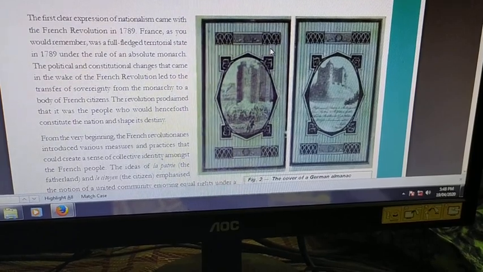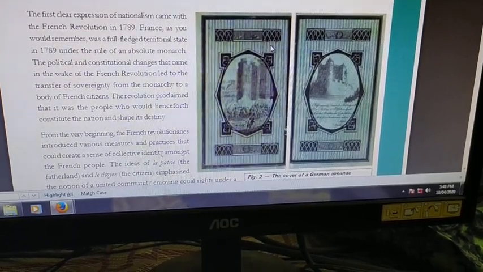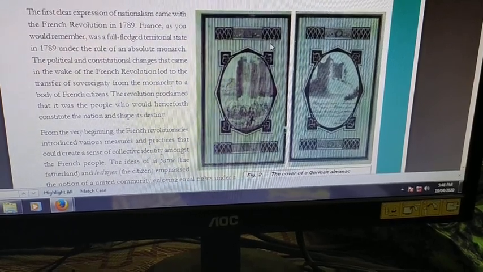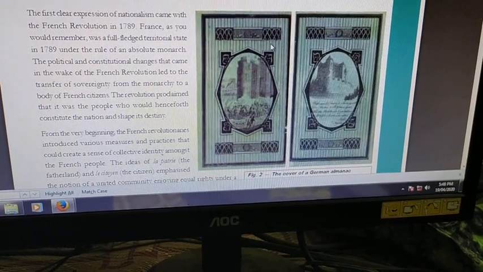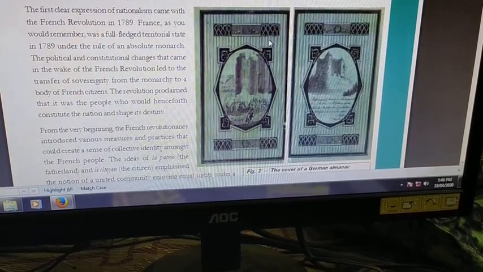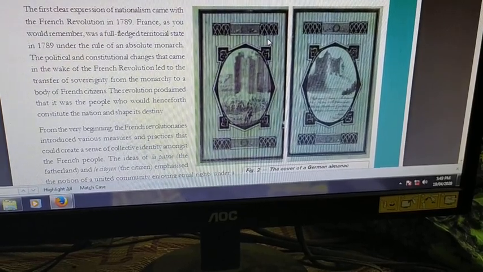A centralized administration system was put in place and it formulated uniform laws for all citizens within its territory. It means the same law is applicable for all people. Internal customs duties and dues were abolished and a uniform system of weights and measures was adopted.